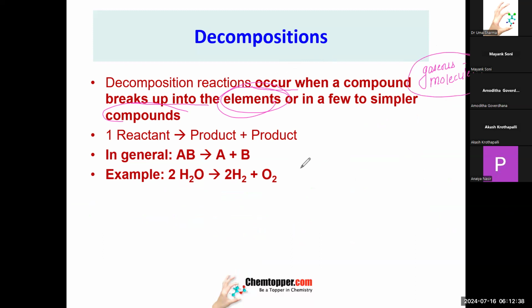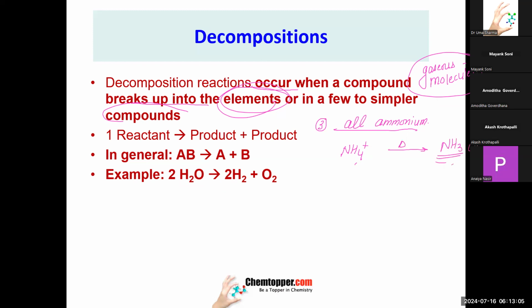Look at this one. Decomposition of all ammonium compounds. Write down this third category. All ammoniums. Ammonium means NH4 plus. On heating, their compounds give us ammonia, all of them.